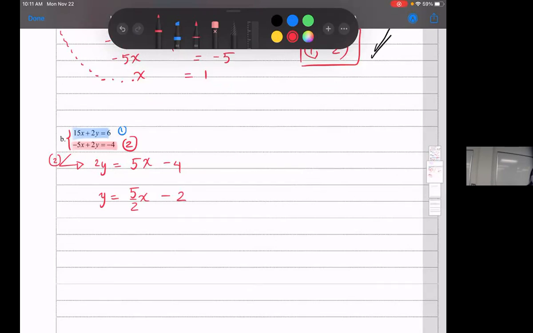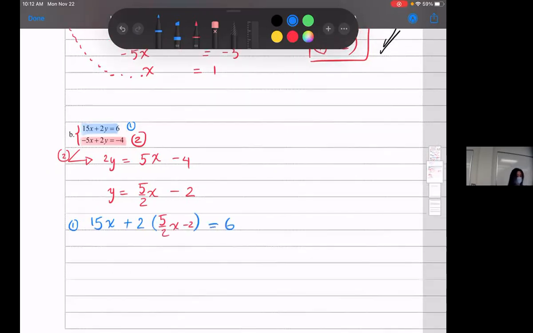And we're going to substitute the red one into the blue one. Let me write the blue one down here. 15x plus 2 times y will be 5/2 x minus 2 equals 6. I want you to solve it on your own. Don't look at what I'm writing here. When you're done, look back, see that you have the same answer as I do, okay?